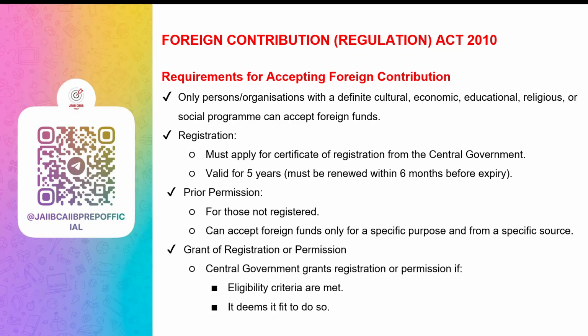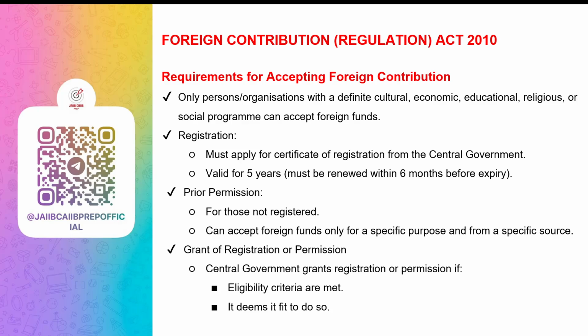Requirement for accepting foreign contributions. So, when any person or organization in India wants to accept money or donation from a foreign country or foreign source, certain rules must be followed under FCRA. Number one, if a person or an organization is involved in cultural, economic, educational, religious, or social work and they want to accept foreign donations, they must get registered.